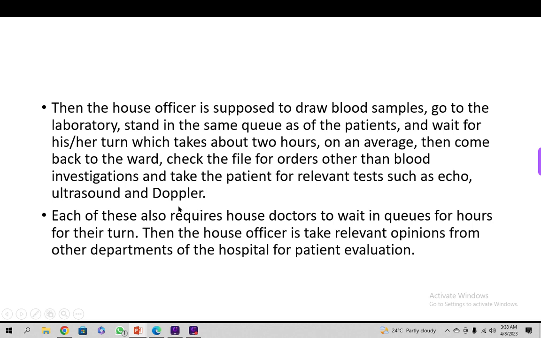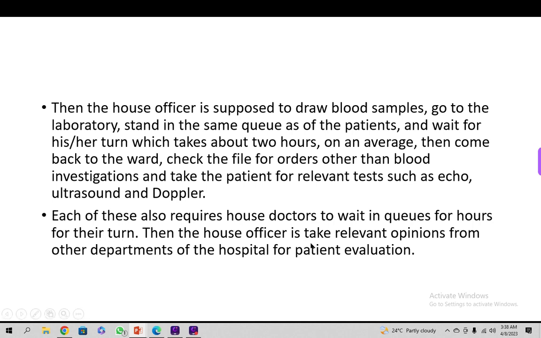Yes, once, twice, thrice, but for 3 months continuously you are going on this whole parade. Each of these also requires the house doctor to wait in queues for hours for their turn.